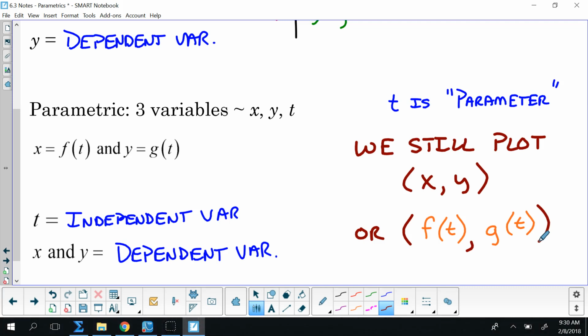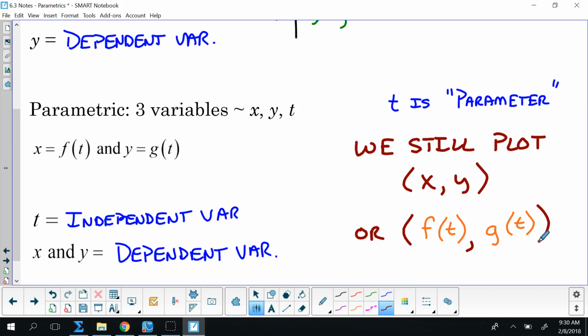You've been working with a parametric function for the better part of first semester and second semester. The unit circle is a parametric equation. What is x on the unit circle? It's cosine of theta. What's y?